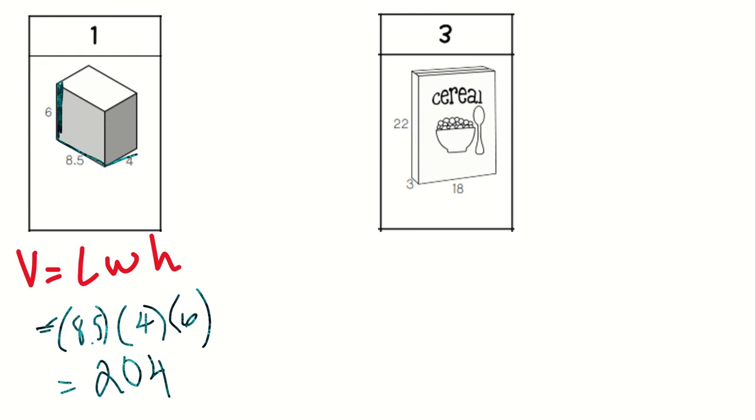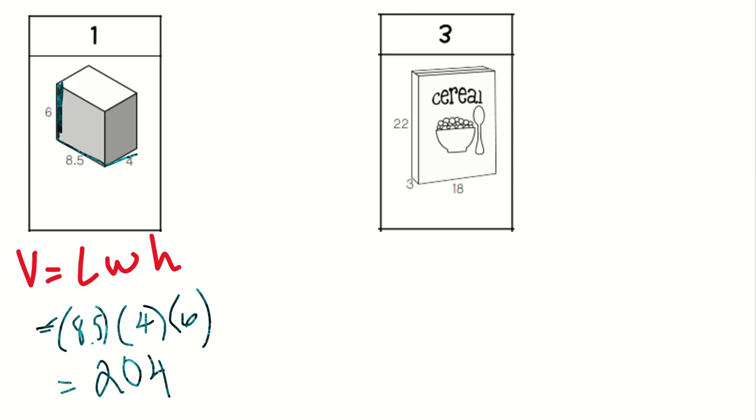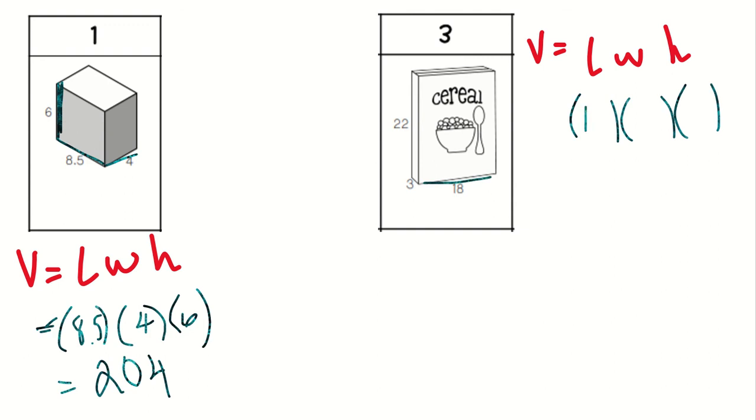Number 3. Sorry, I thought I said we would do number 2, but we're going to be doing number 3. Find the volume of this cereal box. Whatever the case may be, this is still a rectangular prism, right? Boxes basically are rectangular prisms. Length times width times height. Plug in the numbers. Length of the box, 18. Width of the box, 3.